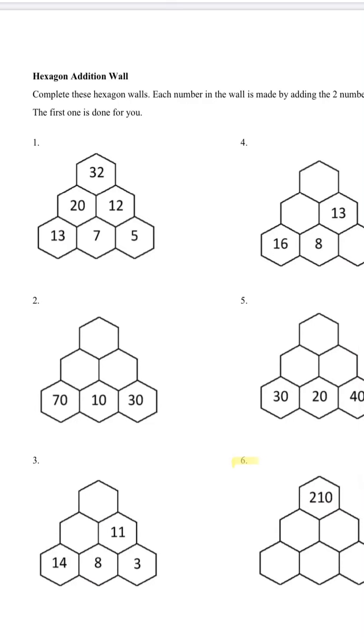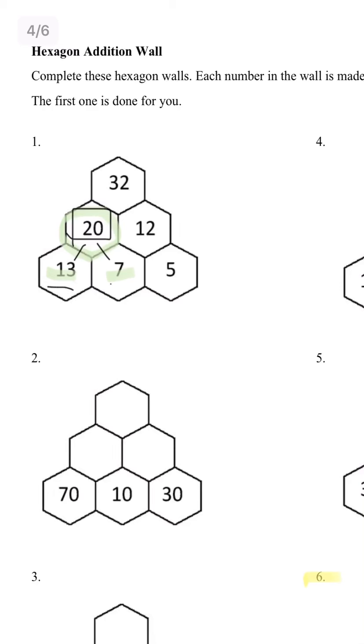What the instructions are saying is these two numbers, when they're added up, you get the sum of this number, okay? So then here it's 13 plus 7 equals 20, right? And then here, this is 7 plus 5 equals 12. And then 20 plus 12 equals 32, okay?